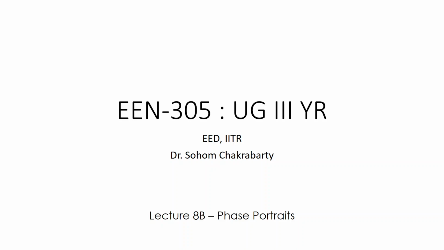So we come to the first tool of analyzing nonlinear systems, and this tool is general in the sense that if you have a two-dimensional system, then it is general for any system. So this is basically a graphical approach.